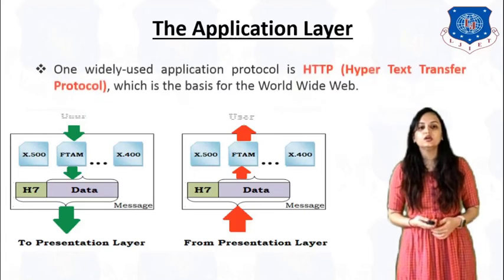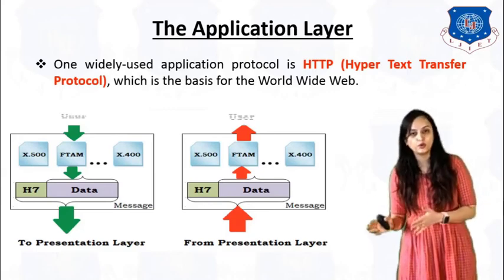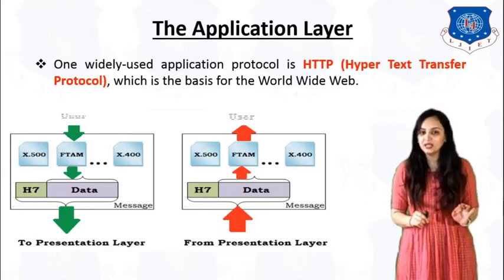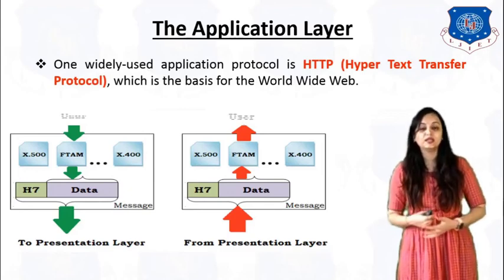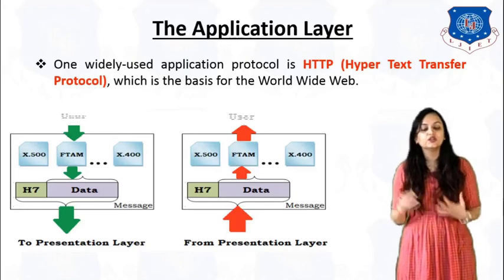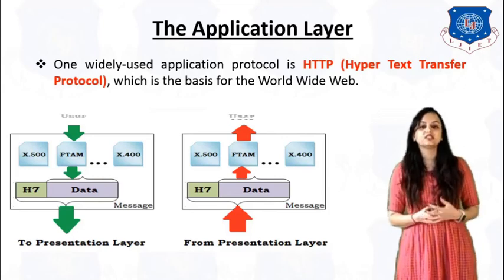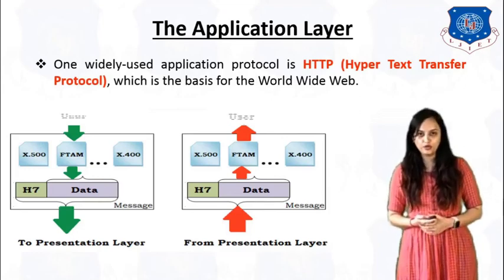One widely used application protocol in this application layer is HTTP, which is the Hypertext Transfer Protocol. This HTTP is very important for accessing the World Wide Web, that is www. HTTP is used for URLs, that is Uniform Resource Locators. So this HTTP is the basis for the World Wide Web.